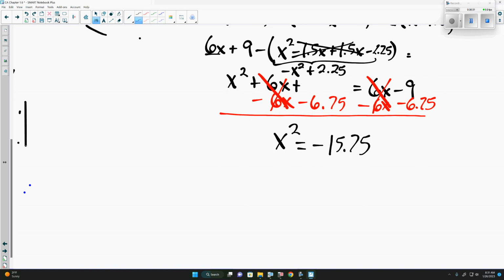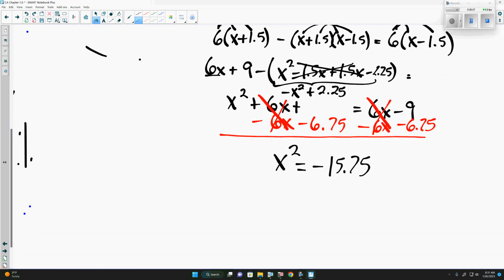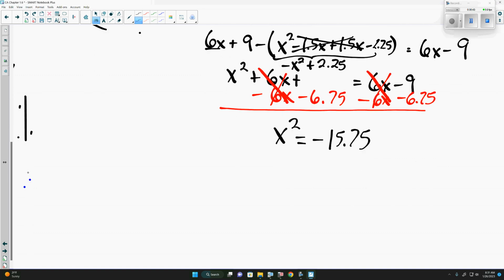Because we have 6x squared minus 2.5, 6x minus 9. We have this here. X minus 2.25 from 0.25, and this would have been negative x squared. We subtract it, we don't get this. That's not 6.75 anymore, neither is this.